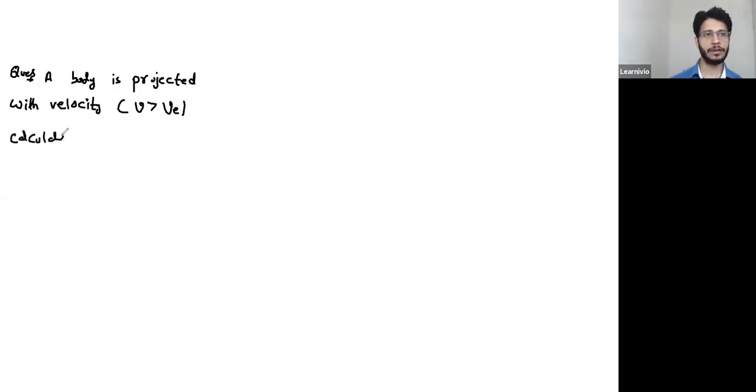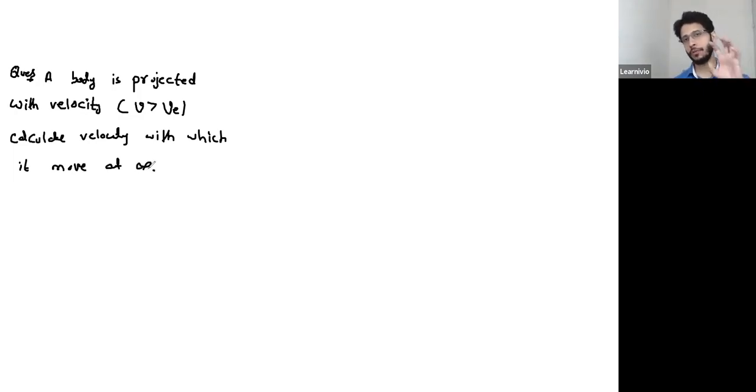Calculate the velocity with which it moves at infinity. So you projected a body with a velocity which is quite greater than escape velocity, and you are supposed to calculate the velocity with which the body will move at infinity.